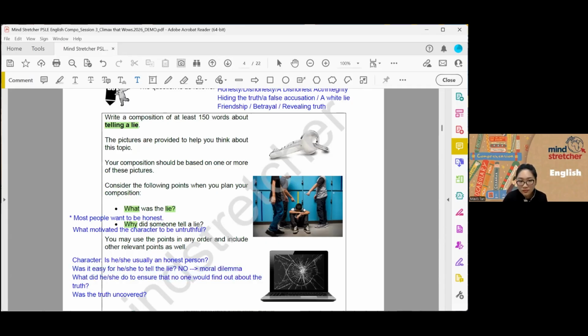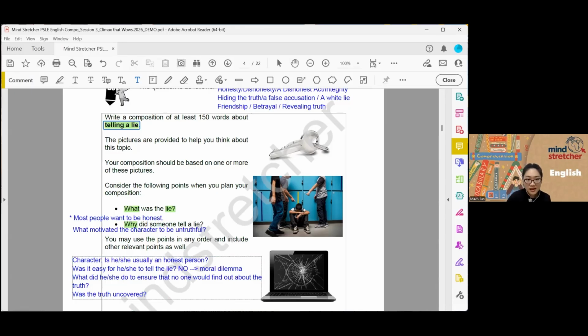It can be uncovered, or it could remain a secret that will continue to gnaw on the conscience of the character forever. Okay? This is not the topic. The topic is telling a lie. It's up to you. Was the truth uncovered?